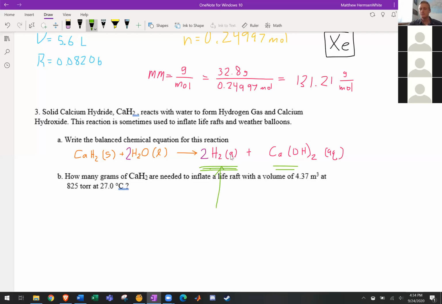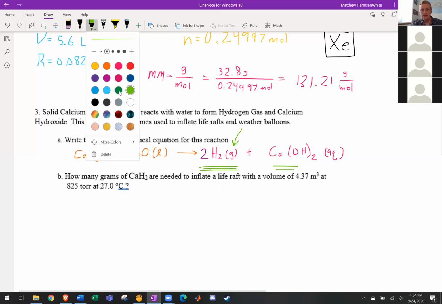Only the gas can be used in the gas equation. Right here, the state of matter for the hydrogen is gaseous. Therefore, that is the one we're interested in. Of course, this chapter we're doing gas laws. So I will let you work through part B a little bit, and we'll come back together in a minute and discuss how you would go about this.